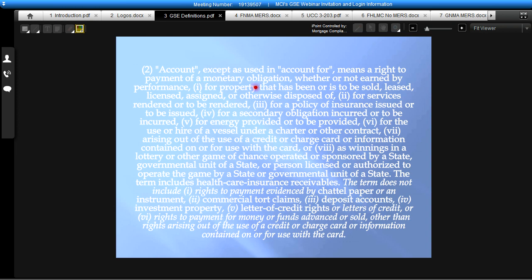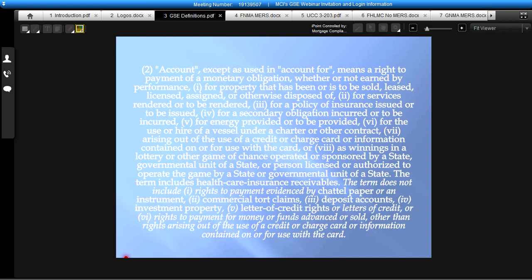Okay. For property that has been or is to be sold, leased, licensed, assigned, or otherwise disposed. For services rendered or to be rendered. For a policy of insurance issued or to be issued.